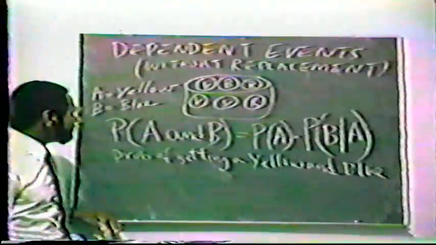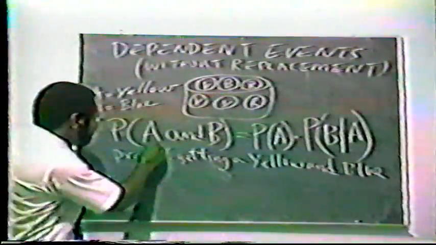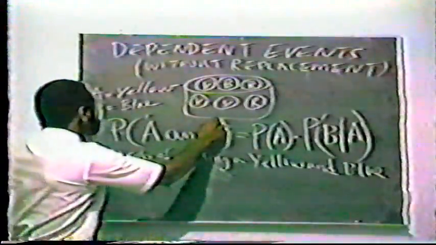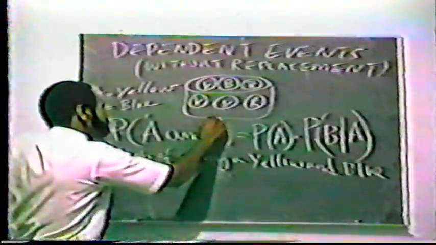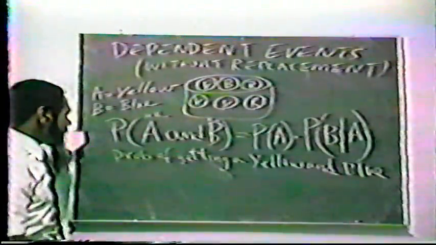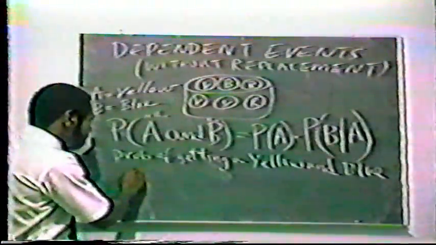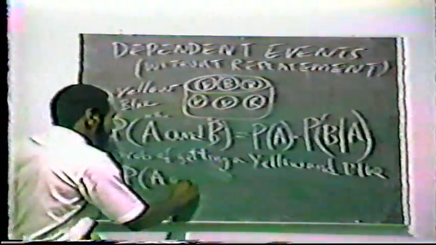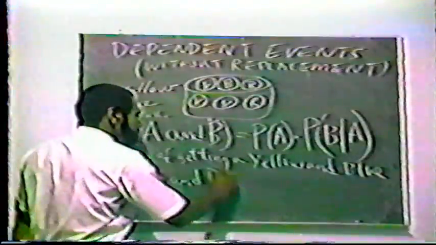Now, we said the yellow ball is A. So this is the yellow here, and this would be the blue. So we would have the probability of A, the yellow, and the blue.